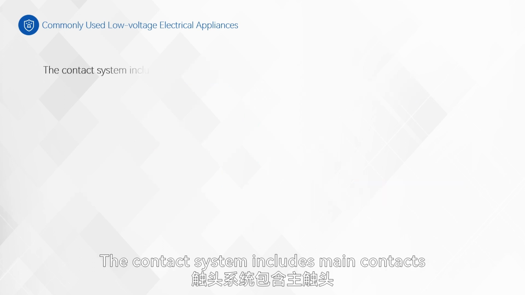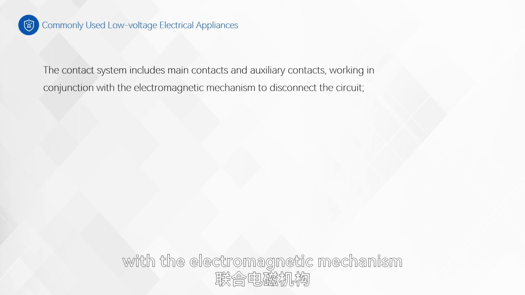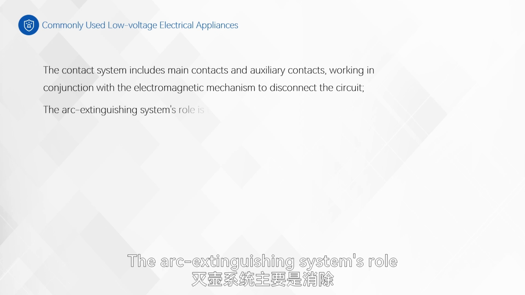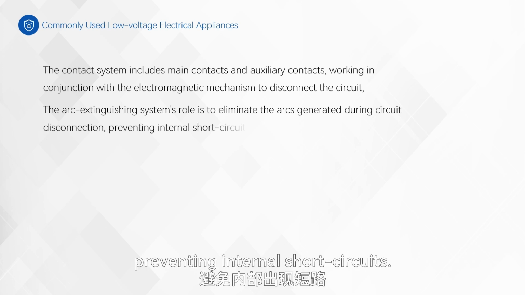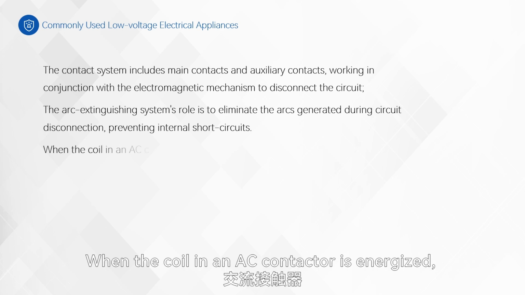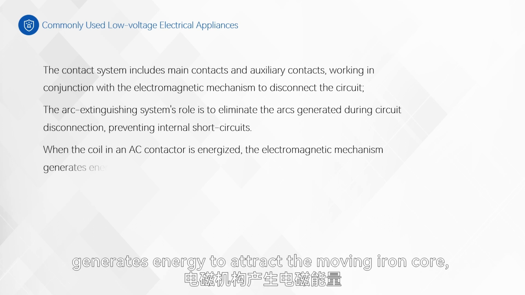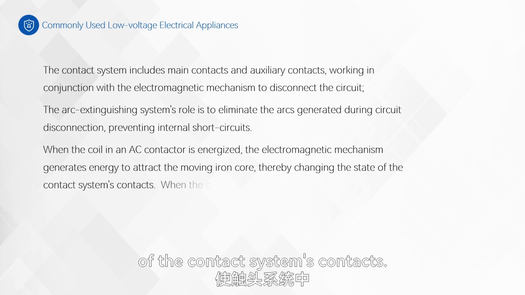The contact system includes main contacts and auxiliary contacts, working in conjunction with the electromagnetic mechanism to disconnect the circuit. The arc extinguishing system's role is to eliminate the arcs generated during circuit disconnection, preventing internal short circuits. When the coil in an AC contactor is energized, the electromagnetic mechanism generates energy to attract the moving iron core, thereby changing the state of the contact system's contacts.